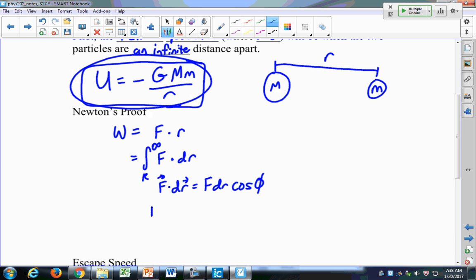So I know that F, which Newton had found, is equal to GMm over r squared. And because those vectors are in opposite directions, let's look at this. I have a force in this direction and a displacement in this direction.